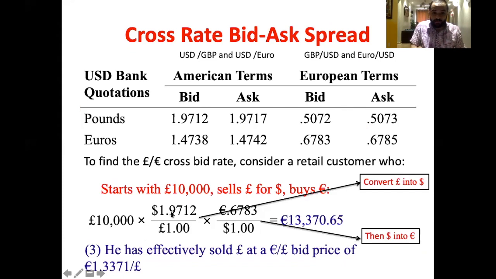So this multiplied by this and then multiplied by this, then you get this position, 13,370. All right. So what does it mean? 10,000 pounds equals 13,370. Right.